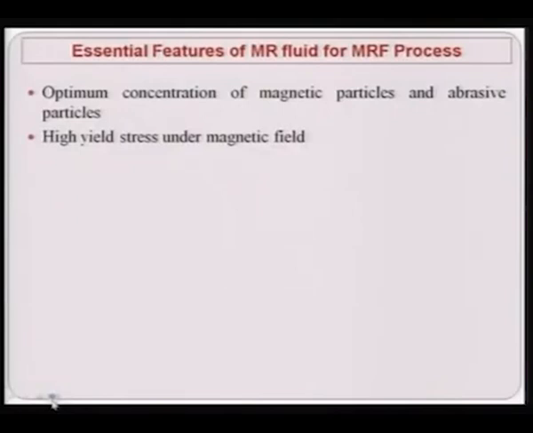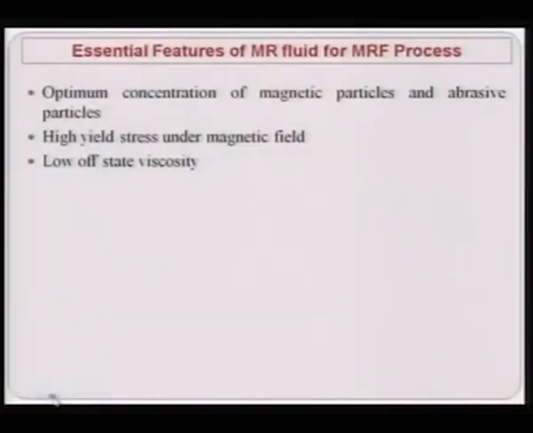High yield stress under magnetic field. Here we are applying the magnetic field and the fluid is always subjected to it. So, the properties of MR polishing fluid without the application of magnetic field and with the application of magnetic field are going to be very different from each other.